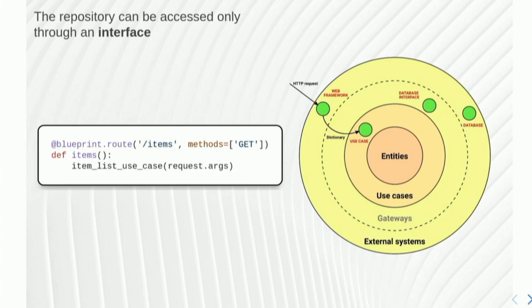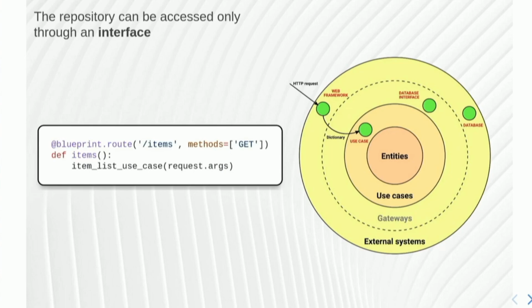However, it exists in the external systems. So as I said before, the use case is not allowed to communicate directly with the database. In Python terms, the use case is not allowed to instantiate anything that is tightly coupled with the database, that is connected with the database directly.